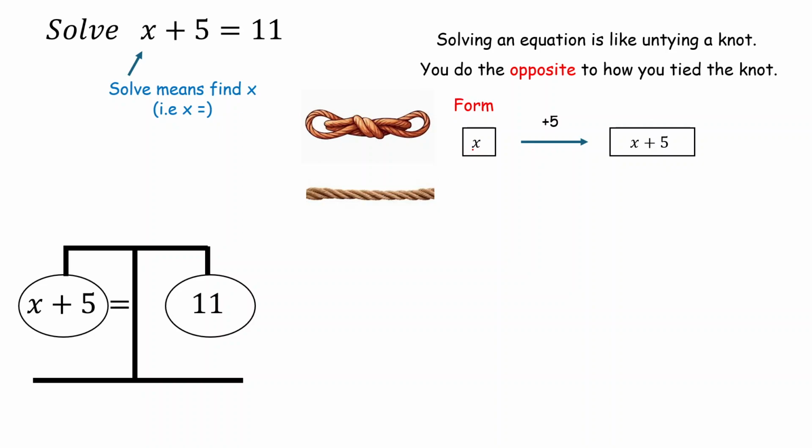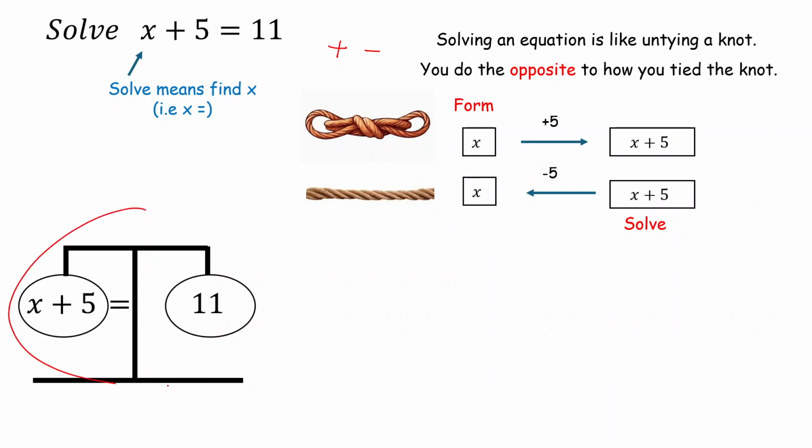Now, when you solve an equation, you do the opposite, so you go backwards. What is the opposite of plus 5? The opposite of adding is to subtract. So you've got to take away 5 to get you back to x, because x plus 5, if you take away 5, you get back to x.